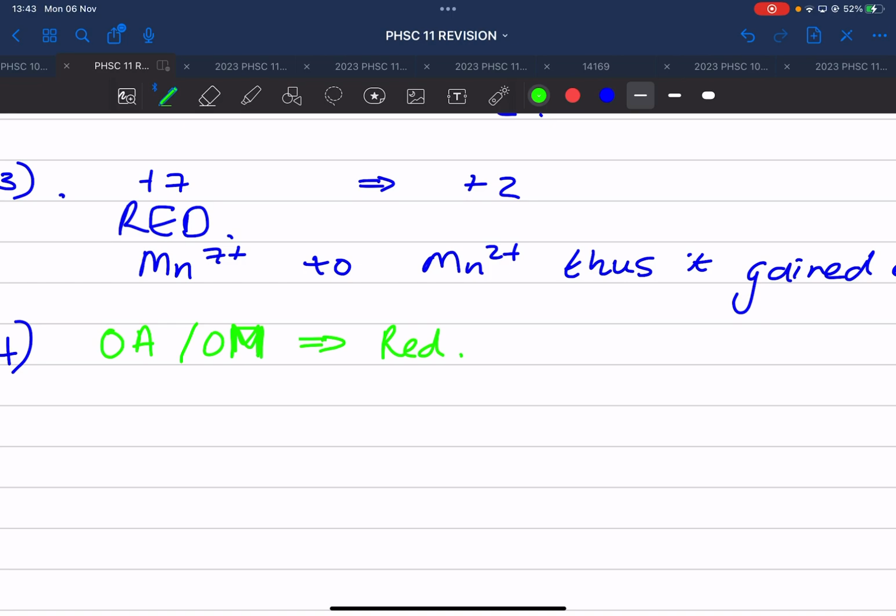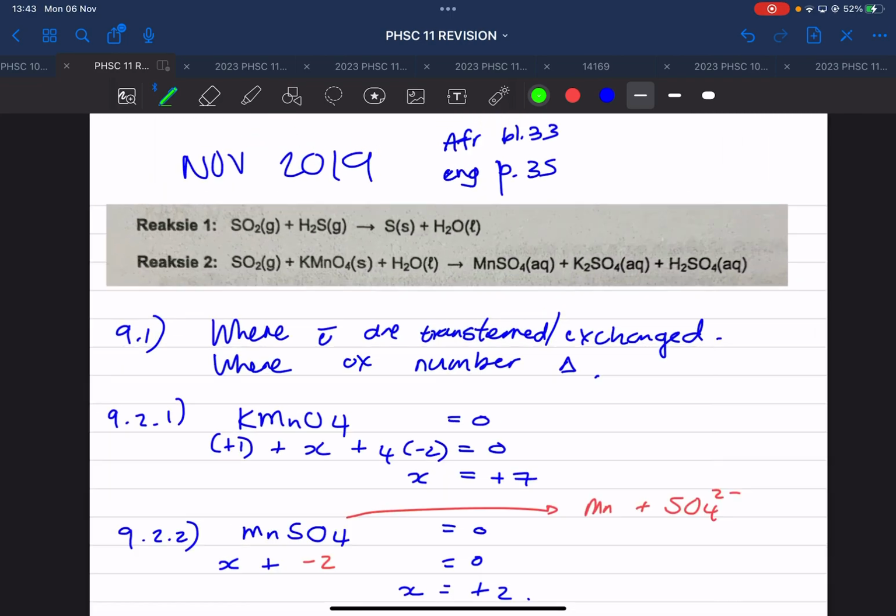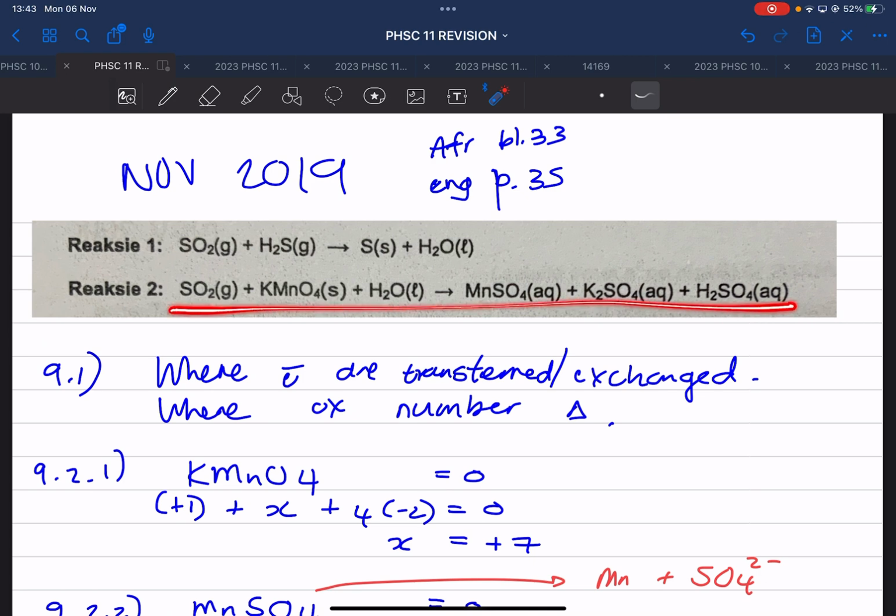Reduced. Okay. Good, so let's look here in reaction 2. What did we say is reduced? Manganese. So can sulfur dioxide then be reduced? No, this is already reduced.